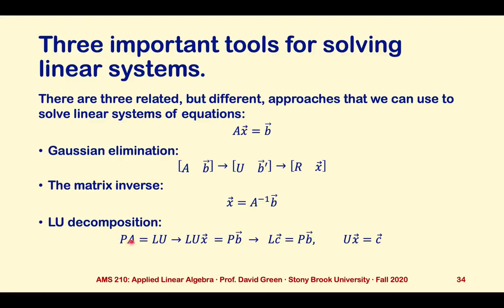In LU decomposition, we phrase it as a permutation matrix P multiplied by some matrix A equals L times U. This can be rearranged to give us two systems, a lower triangular system and an upper triangular system, that are very easy and fast to solve compared to a full non-sparse system.